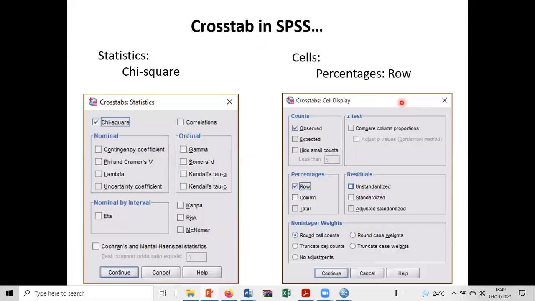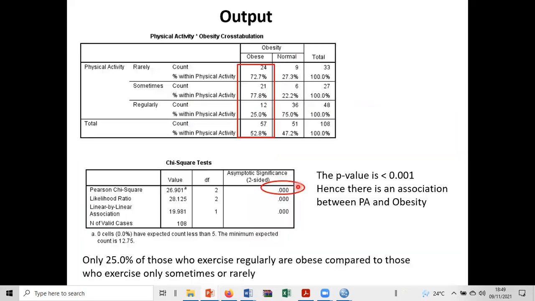Click the respective buttons here, chi-square and row percentage, and the results are here. You can see 70% of rarely and sometimes are obese compared to only 25% among those who exercise regularly. And the evidence shows that the p is less than 0.05, there is an association.